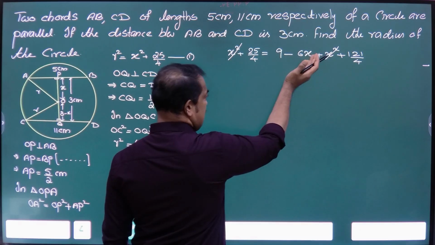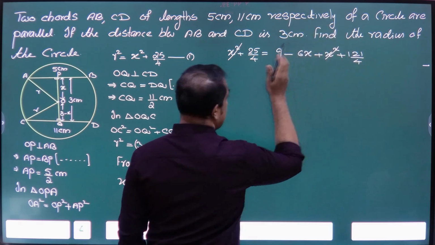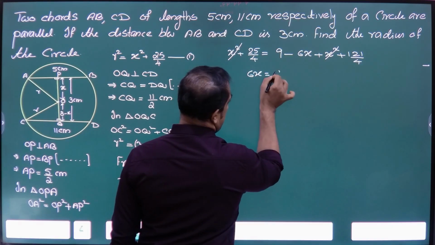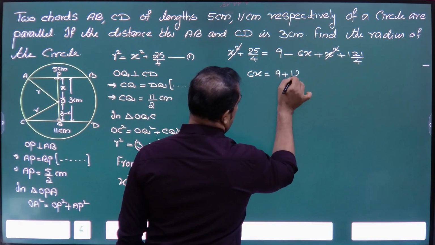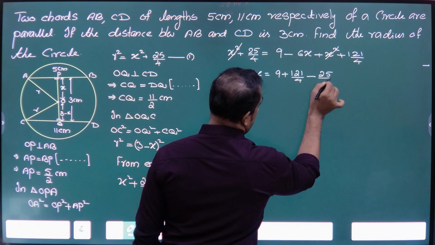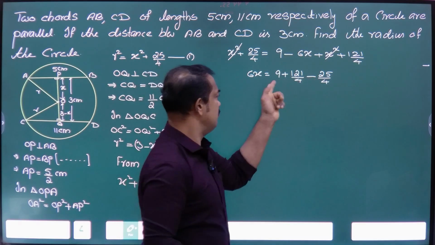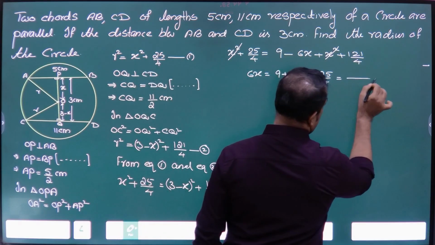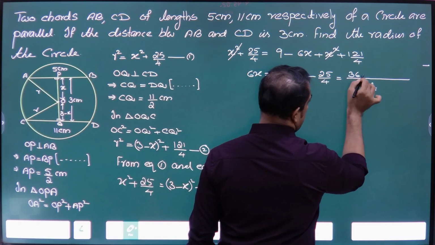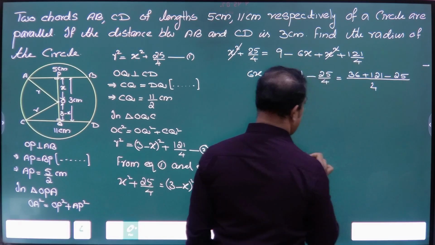So minus 6x, shift to the left-hand side, and 25 by 4 to the right-hand side. So it becomes 6x is equal to 9 plus 121 by 4 minus 25 by 4. What is the LCM? 4. It becomes 36 plus 121 minus 25.